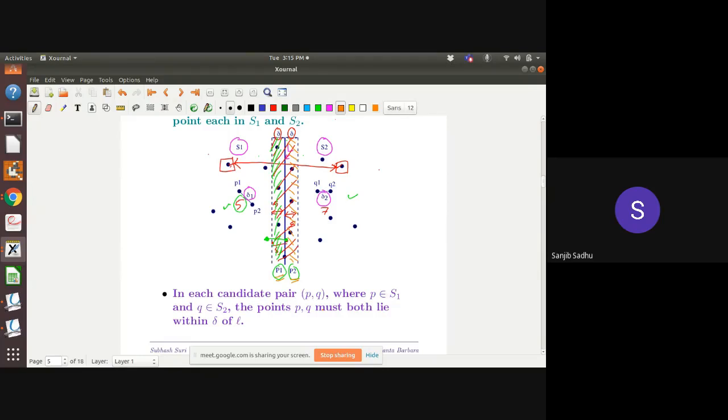In the worst case, half of the points, say n by 2 points, may lie within P1 and n by 2 points may lie within P2. So to compute the distance between P1 and P2, you need n by 2 into n by 2, that is n square by 4 comparisons. These many distances you need to compute.